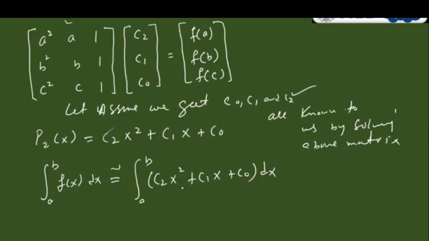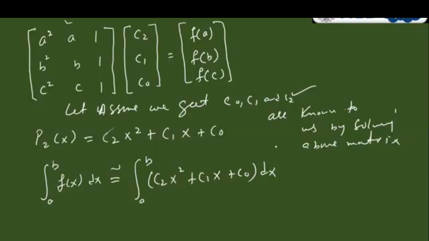And after the simplification, when it is replaced, you have to integrate: this will become x cube over 3, x square over 2, x will be there, and then subtract upper limit minus lower limit. You will get a definite answer. Definite answer means it is not a function of x anymore, it will be a numerical quantity.